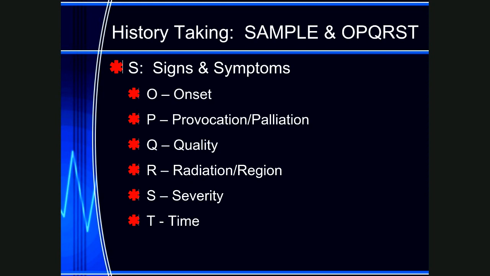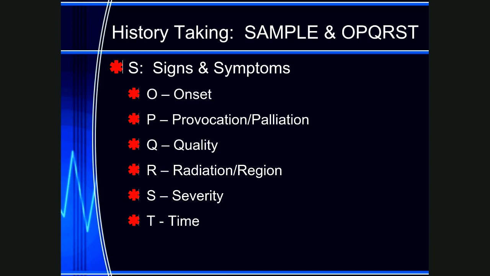So that's what we're looking for, if it's radiating, and to where, the region. S, severity: on a scale from 1 to 10, 10 being the worst, what would you rate this pain? Let them give you a number.